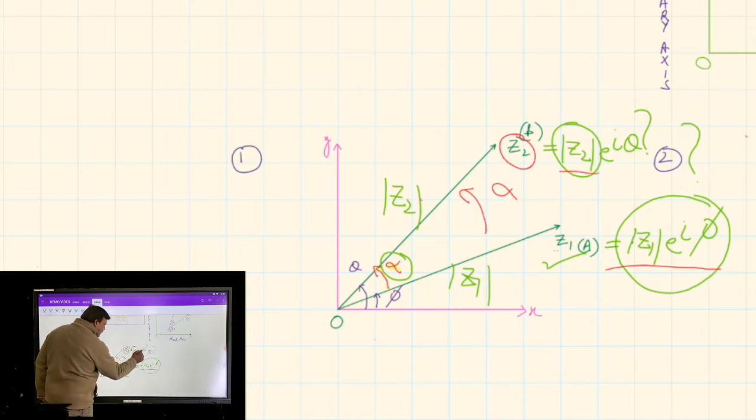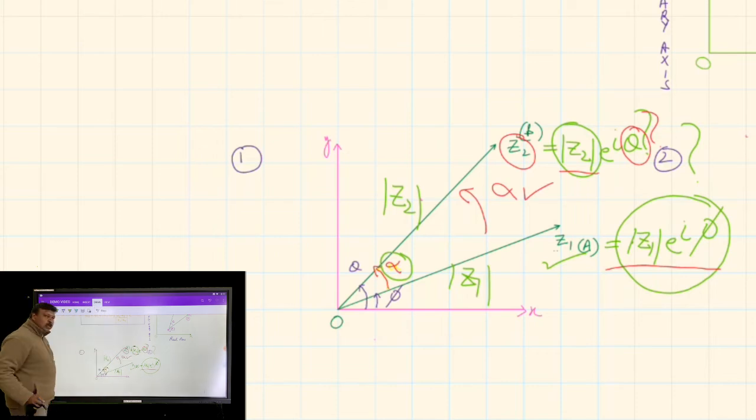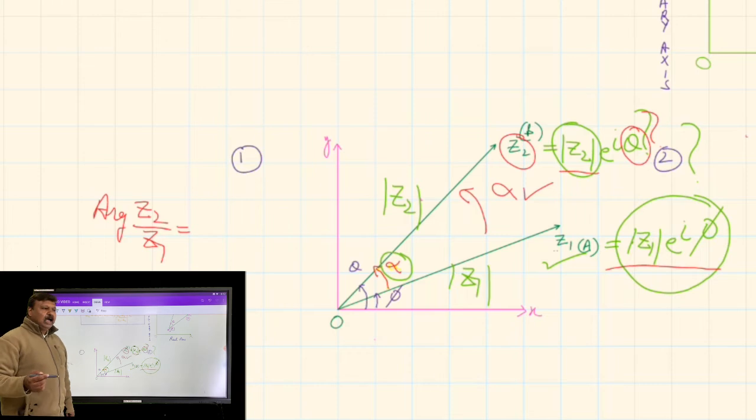This theta is not known while this alpha is known. So I hope you remember the concept of argument of Z2 upon Z1. Do you remember this, students? I have earlier spoken about it also, that you need the basic understanding of argument of Z2 by Z1 and argument of Z2 into Z1.